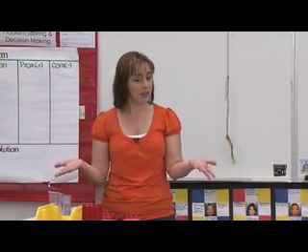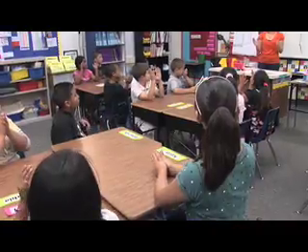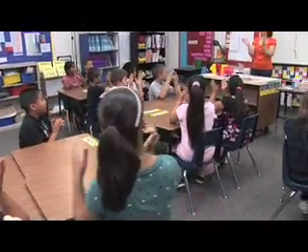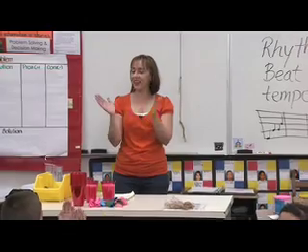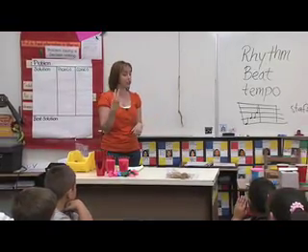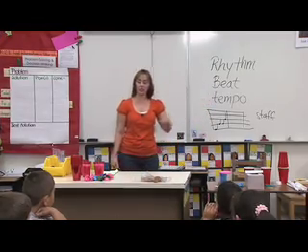Are we ready? Yes. All right. Sit up. Get your hands ready. Here we go. 1, 2, 3, 4, 1, 2, 3, 4, 1, 2, 3, 4. Excellent. Exactly right. Remember, we're going to do two measures, counting four two times.